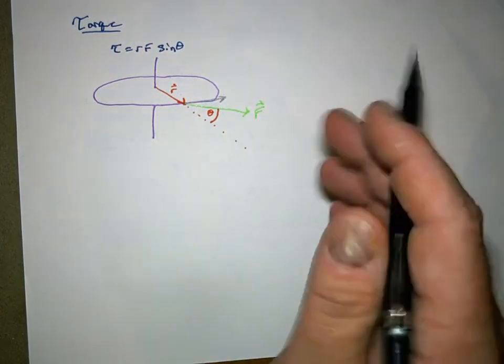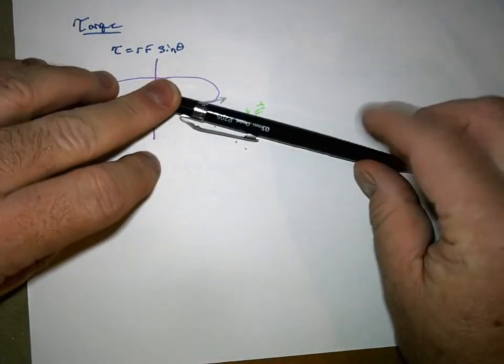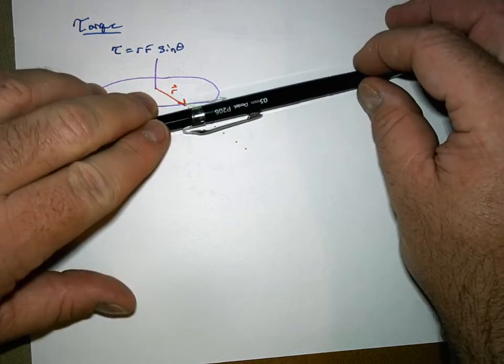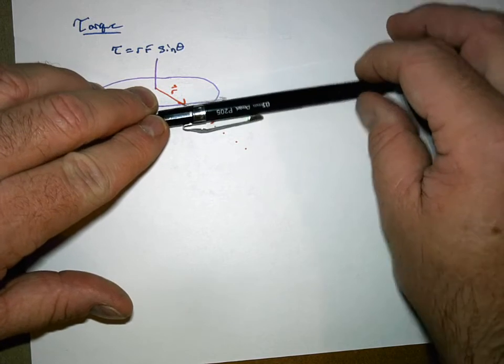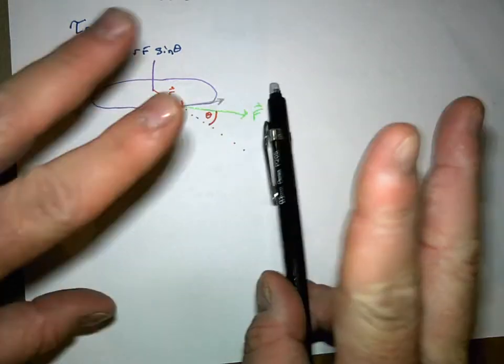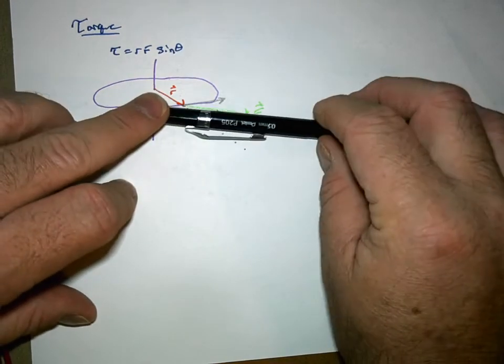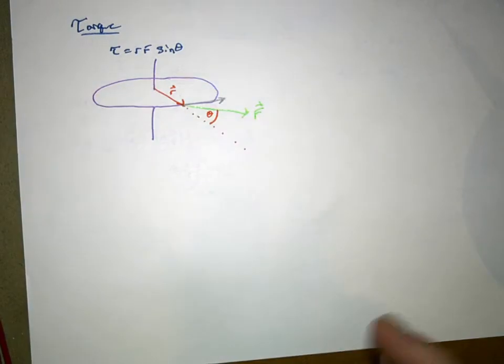If we make our force perpendicular to our radius, then all of a sudden we're going to increase the amount of torque, because we don't have any, air quote, wasted force that is not in the perpendicular direction to our radius.